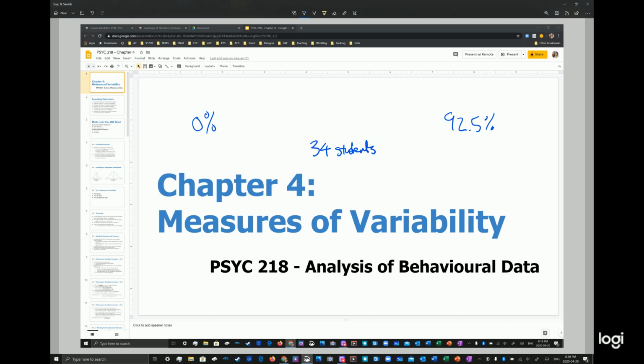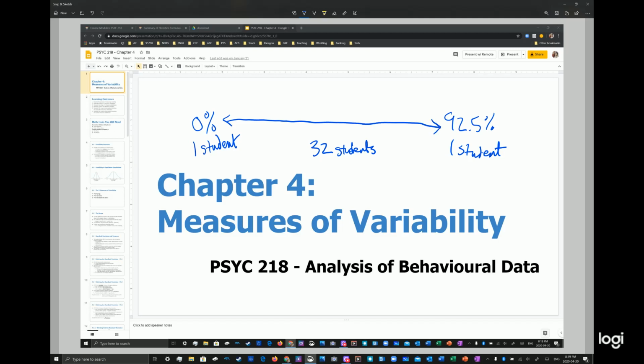So if there was one student that had 0, didn't really do that much, and another student scored 92.5, something like this, then we're still left with 32 other students that are in this range.